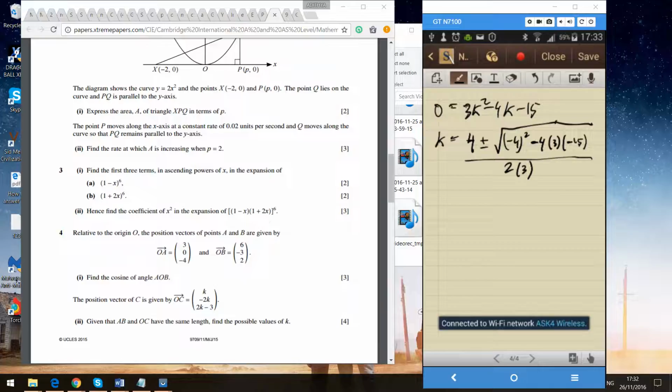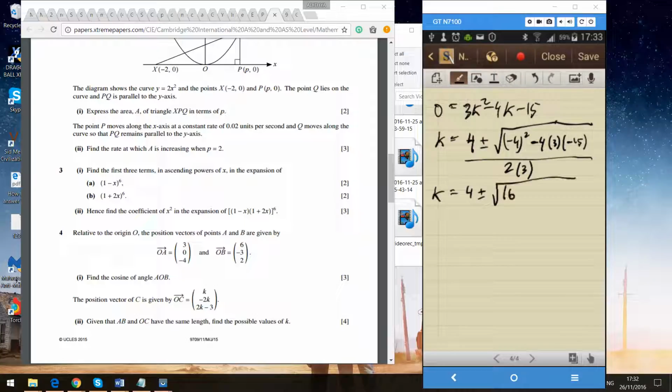So now it's k equals 4 plus or minus the square root of 16 minus, is it actually plus because you have two minus signs multiplied with each other. So plus 12 times 15. What's 12 times 15? That's 180.